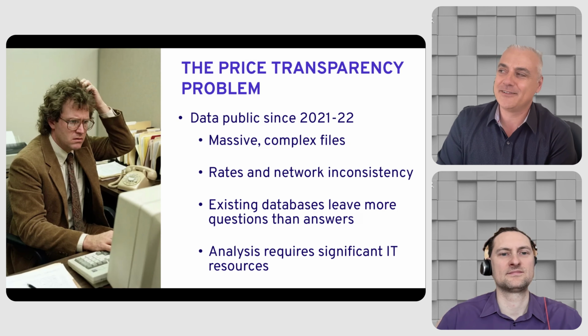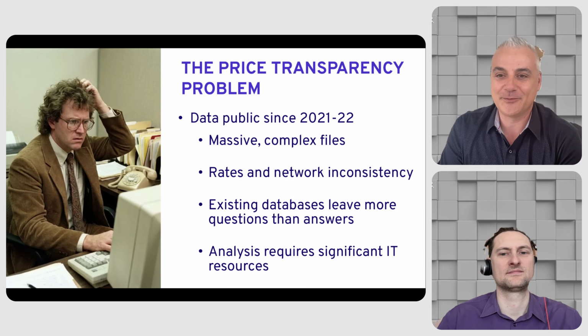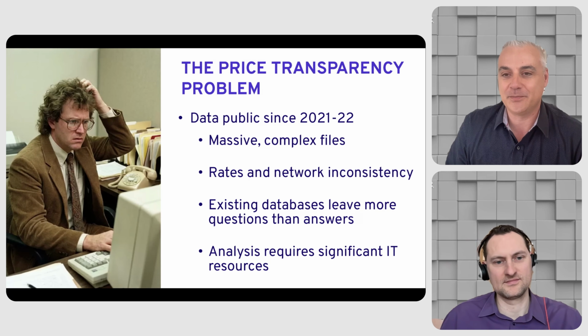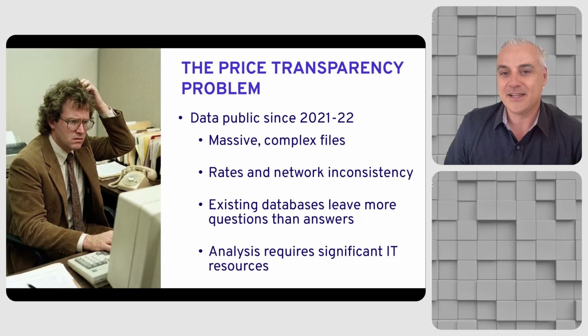So why really even bother with this? Well, price transparency data, as I mentioned earlier, came out in 2021 for hospitals, and for payers, the transparency in coverage rules came out in 2022. And especially for payers, these files are massive, complex files. They can be spread across thousands of different files. It's really not very usable, certainly not by consumers anyway.